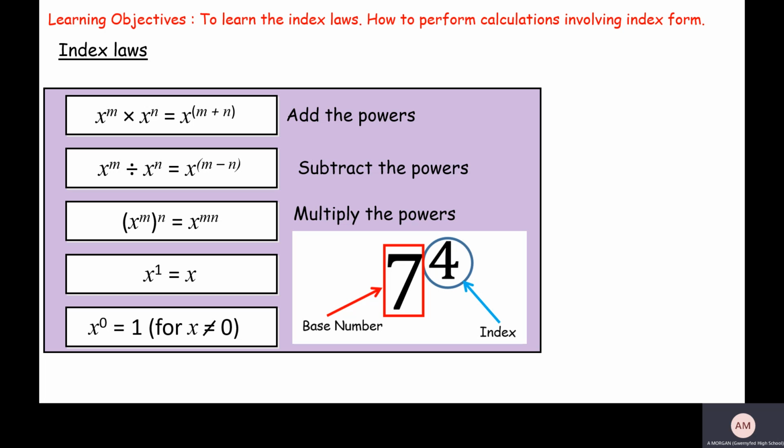When you're raising a power to a power, or you've got brackets and powers, you multiply the powers. And then you've got your other 2 rules where something to the power of 1 is just equal to something. You don't need to write the 1. And anything to the power of 0, apart from 0, is equal to 1, because it's repeated multiplication. I'm starting at 1 and I'm not doing anything. I'm not multiplying at all, so I'm still at 1. And there's a reminder of your base number and your index.